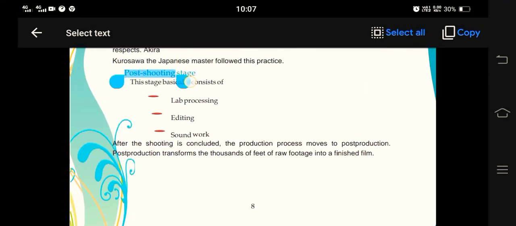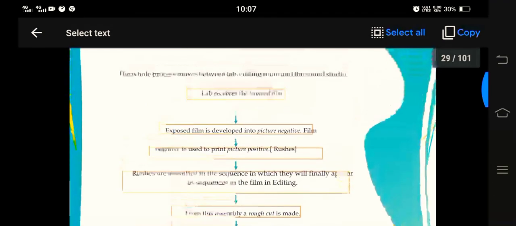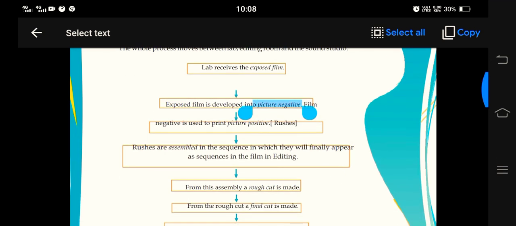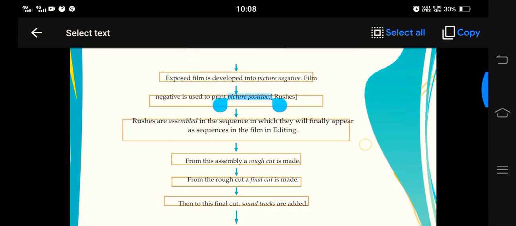Now we are going to focus on the post-shooting stage, which consists of three stages. First is lab processing, second is editing, and the third one is sound work. Firstly, the lab receives exposed film, and the exposed film is developed into a picture negative, and then that negative is printed into a picture positive, which is known as rushes.